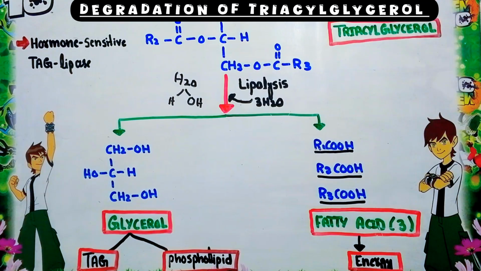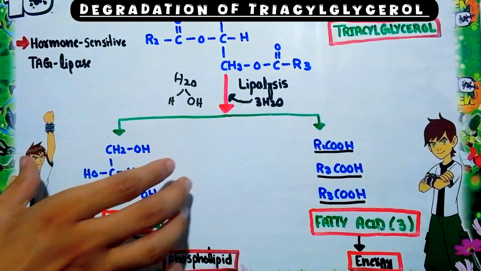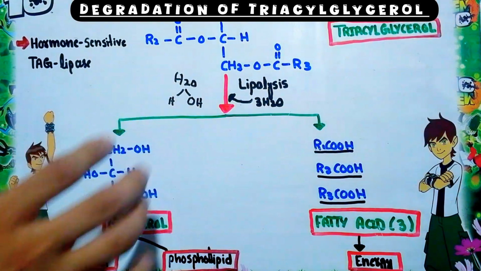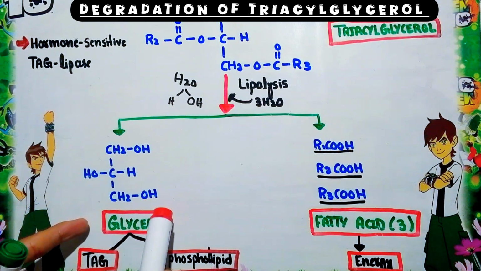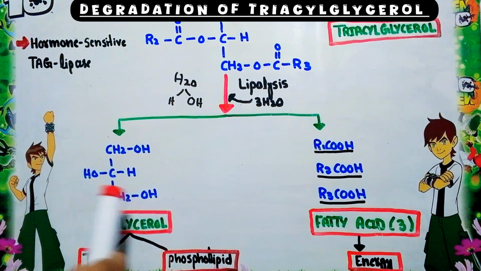Now what happens to this glycerol and these fatty acids? Look at this glycerol. As we know, the storage of triacylglycerol occurs in the adipose tissues. So when the degradation of triacylglycerol occurs, this glycerol is released in the adipose tissue, but the enzyme that acts on this glycerol, glycerol kinase, is absent in the adipose tissue.